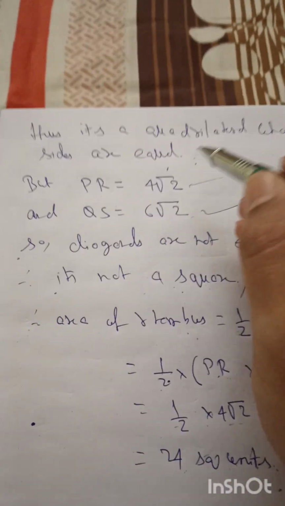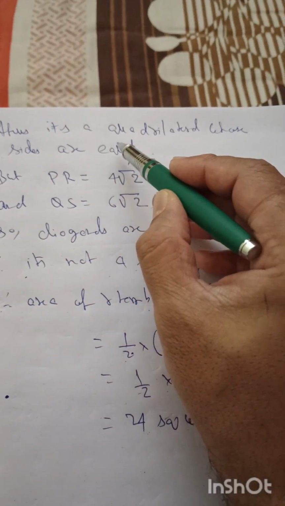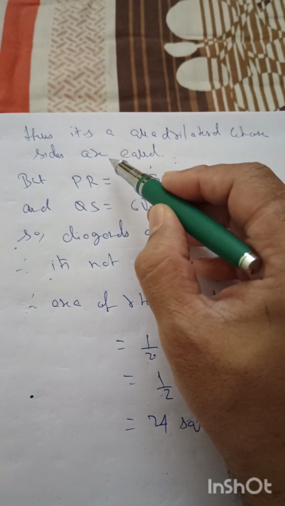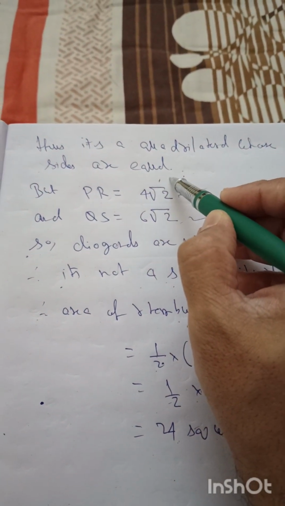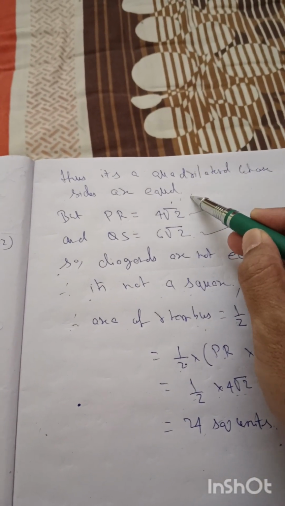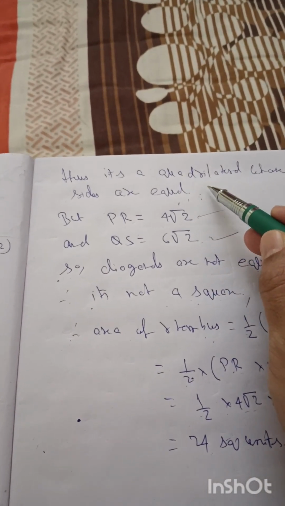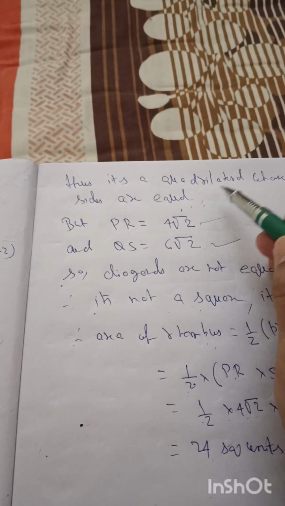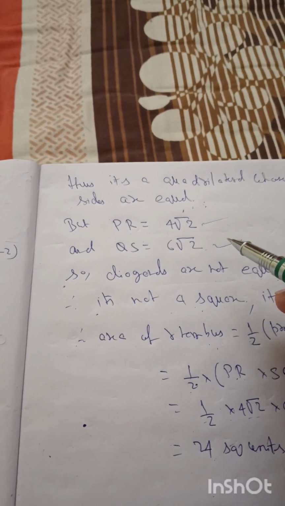Thus we see that it is a quadrilateral whose sides are equal. So there is a chance that it might be a square or a rhombus. We have to find it.